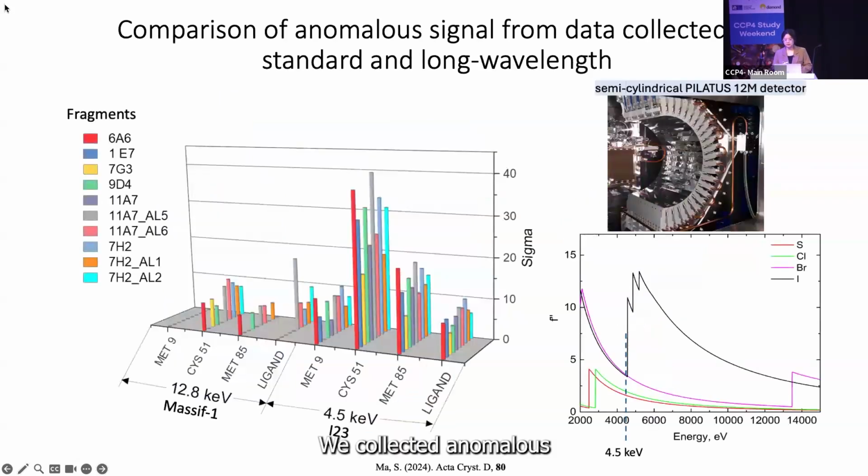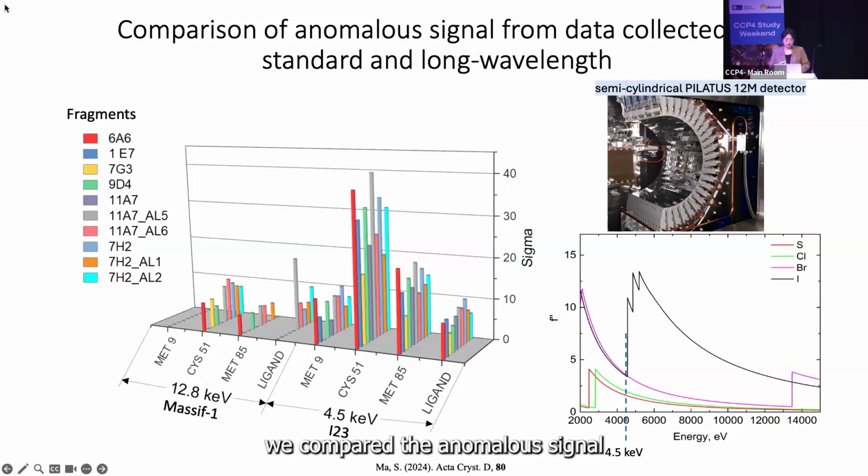We collected anomalous scattering data at Diamond I23, which is a long wavelength beamline with a semi-cylindrical Pilatus 12M detector and a multi-axis goniometer in the vacuum.